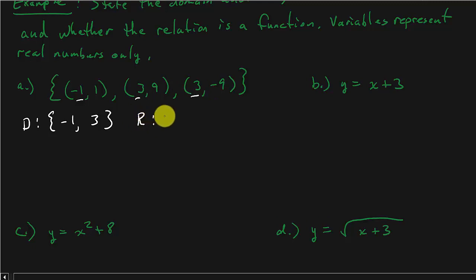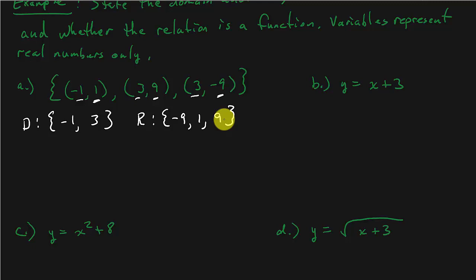And then the range is all the y coordinates. Well, 1, 9, and -9. That's your y coordinates. So -9, 1, and 9. And so there's your range. It's all the y values. And notice I put them in order. You don't have to put them in order, but I think it's good to keep it organized.